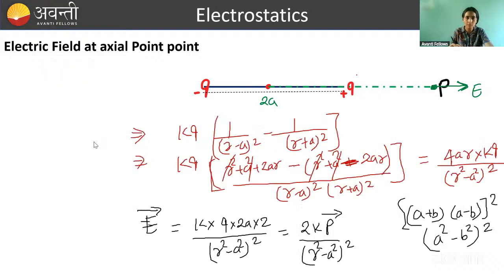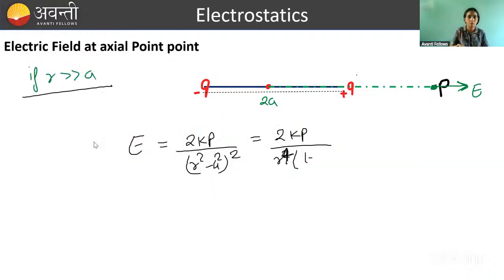We have missed a certain thing, I guess. Here 4AR was also there, here we have left R. See, here there was R, so this R we didn't write here, so I have written it now. Okay, so 2KPR by R to the power 4 times (1 minus A square by R square) whole square.